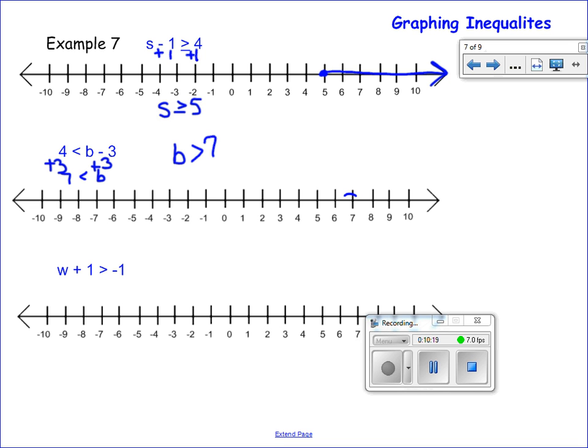It is an open circle because it does not include the 7, and graphing it just like that. In our last example, subtract 1 from each side. w is greater than -2. Going to find the -2, open circle, and to the right.